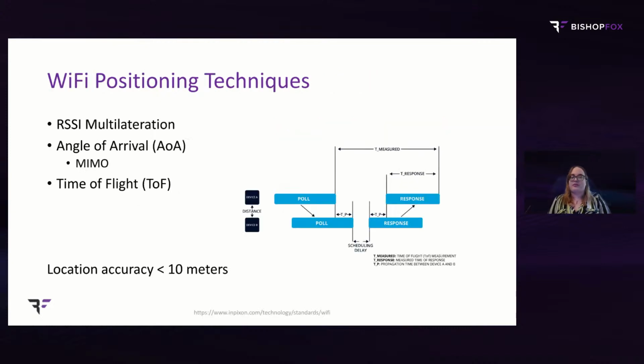So here are some of those Wi-Fi positioning techniques that can be used. So we talked about RSSI, use that concept with multi-trilateration. So we're able to take multiple sources, receive the signal strengths from each, and determine where the location of the device is by how close it is or far away it is from multiple points of reference.